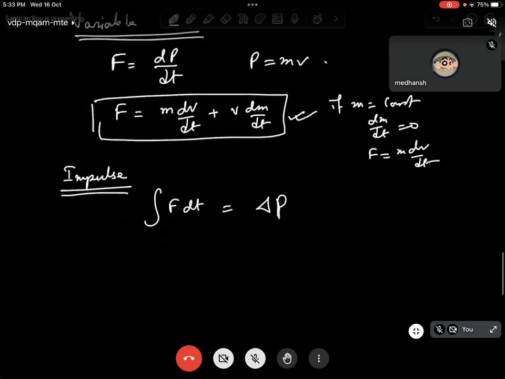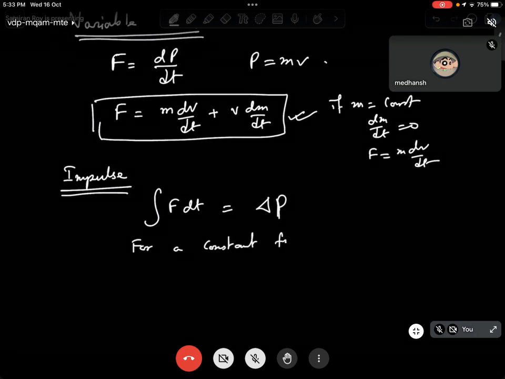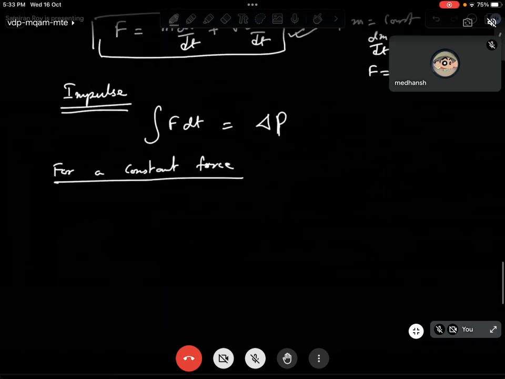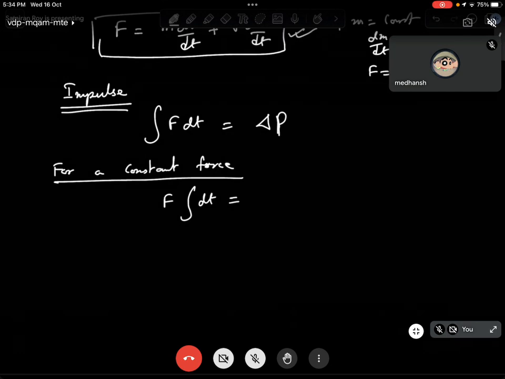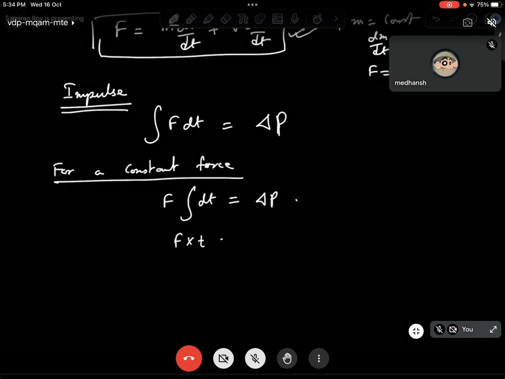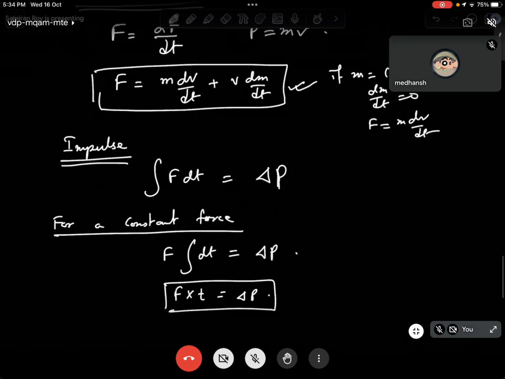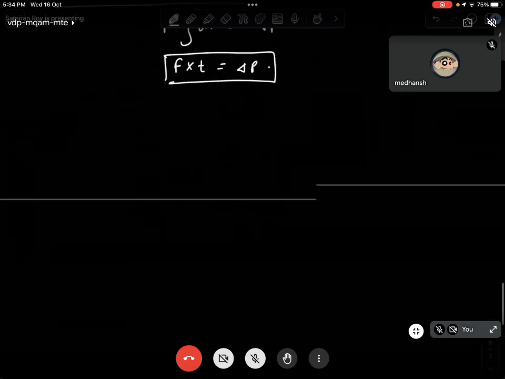Now for a constant force, I can take f outside the integration of dt, equal to delta p, the change in momentum. So if it is changing from 0 to t, I can write f into t equal to delta p. All of you know this. So I'll use these two equations only. Okay, we'll solve some questions. First, we'll solve some applications.